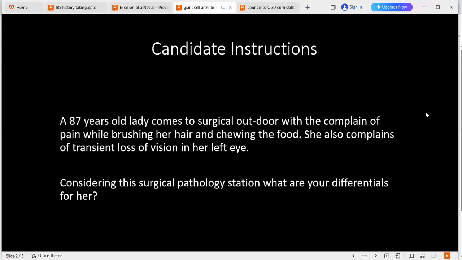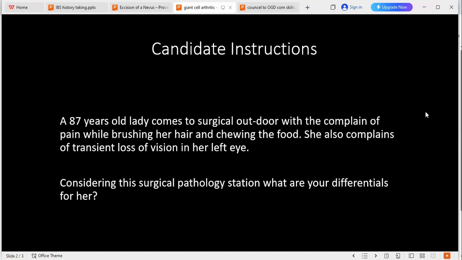Why exactly does the patient have visual disturbances? Because sometimes the ophthalmic artery is involved in this, and as the retinal artery is the end artery or branch of the ophthalmic artery, it can cause blindness or decreased visual acuity.